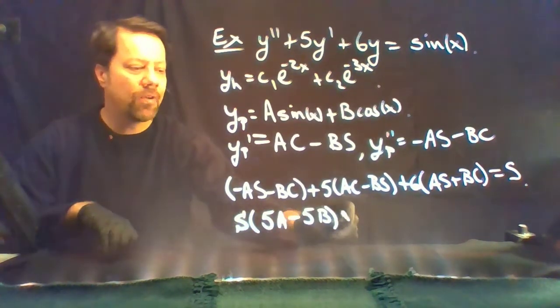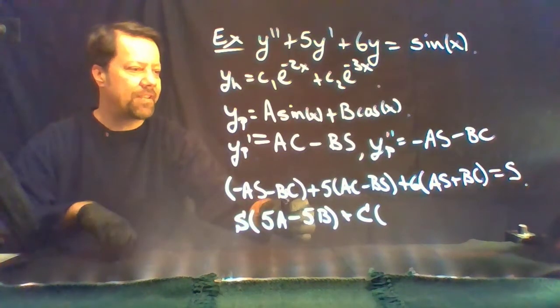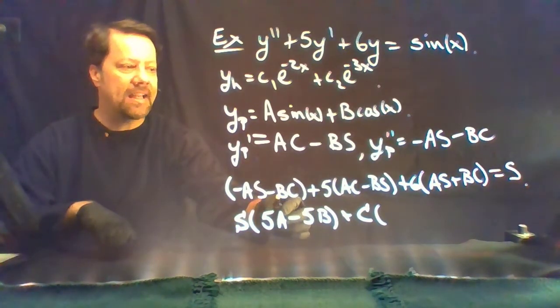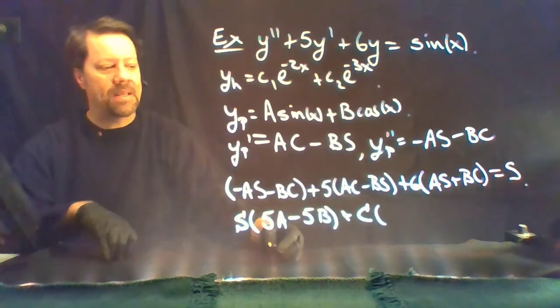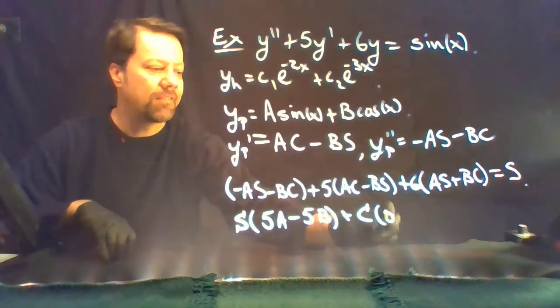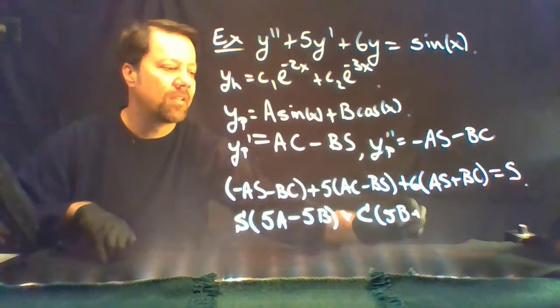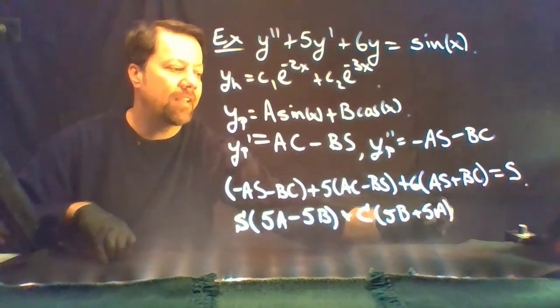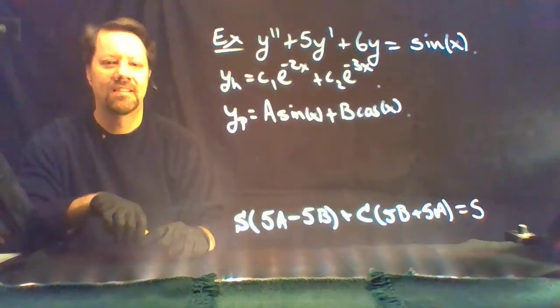Now for the coefficients of cosine. We'll have here a negative b cosine and a positive 6b cosine, yielding 5b cosine. And then we get plus 5a cosine.